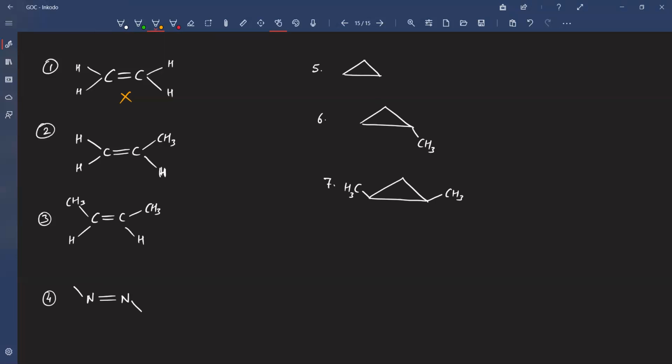I don't think it's possible for the second one either. Yes, because these two are the same. Third one, I think it's possible. Correct, because these are different. Even these two are different.